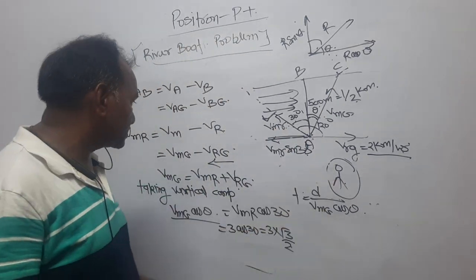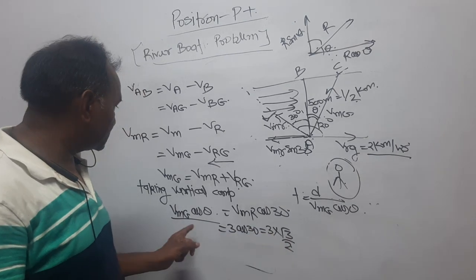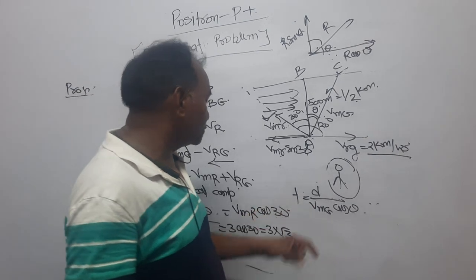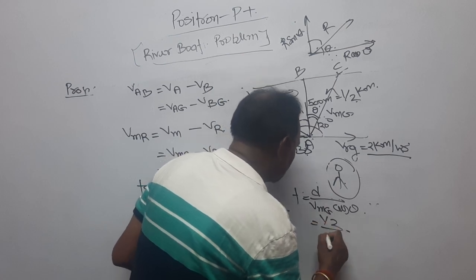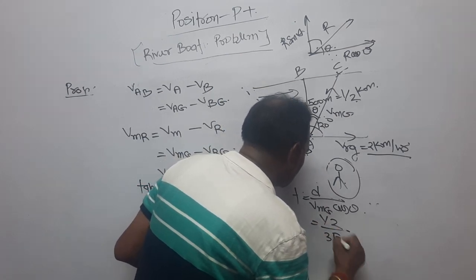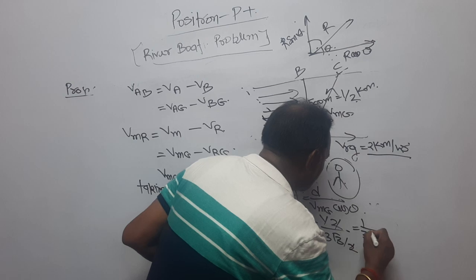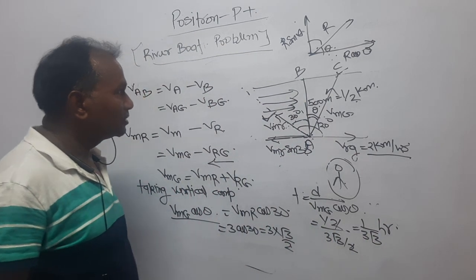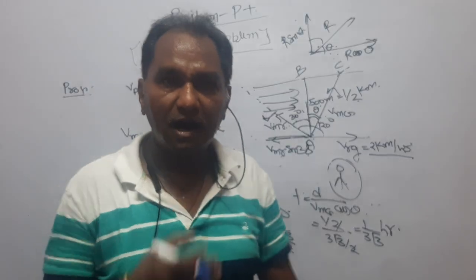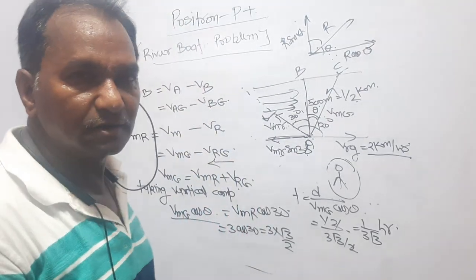So T is equal to D upon VMG cos theta. D is 1 by 2, and so it is 3 root 3 by 2. 2 we cancel, 1 by 3 root 3. This is our time. Now, what is the horizontal drift?